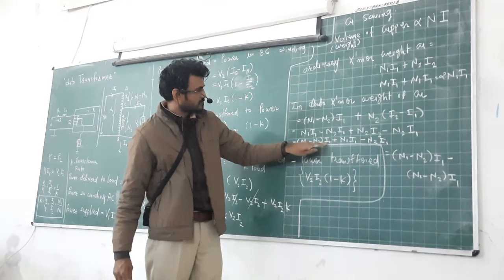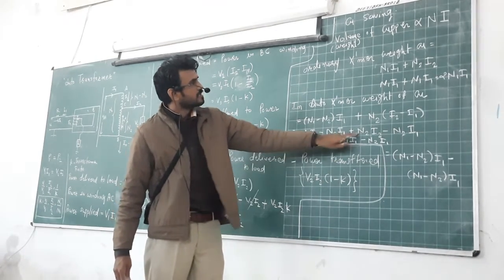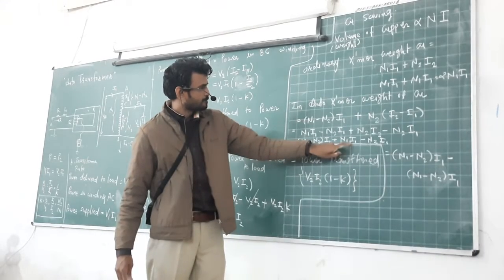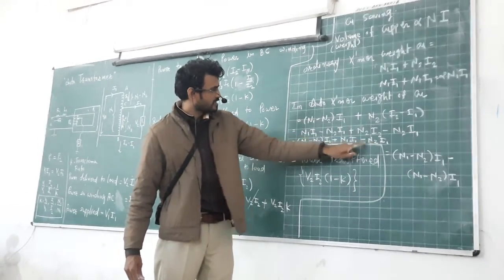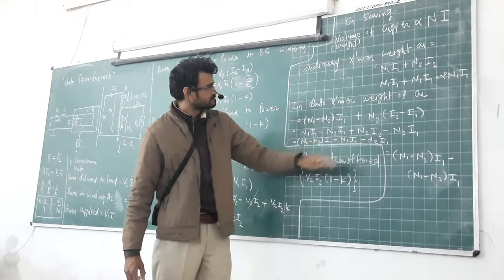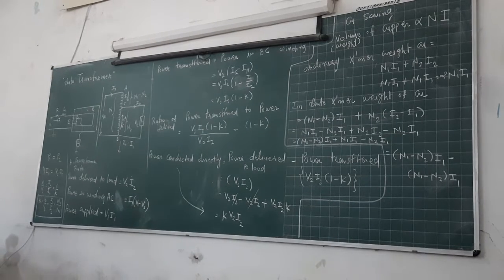This one term will remain as it is. Here I will replace N2 I2 with N1 I1 minus N2 I1, with N1 minus N2 common. Some mistake is in here. Okay, correct: N1 minus N2 times I1 is here, and N2 I2 minus I1.